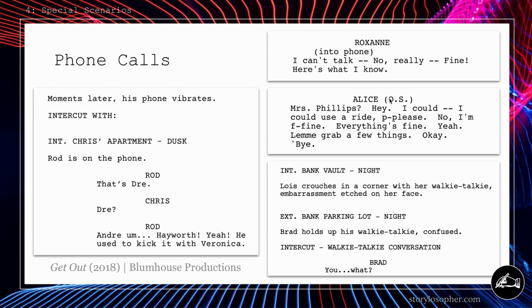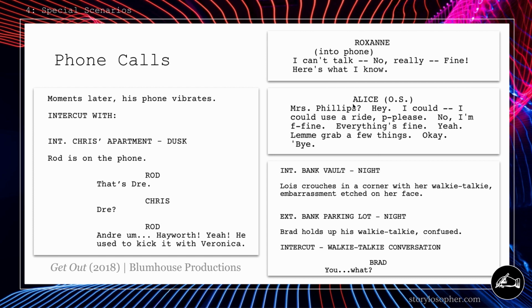And then we have this. It is off screen because the person who's talking into the phone is off screen, not because her voice is coming from the phone. If Alice was talking to Jackson and we're looking at Jackson and Alice is only on the phone, then this would be voiceover.